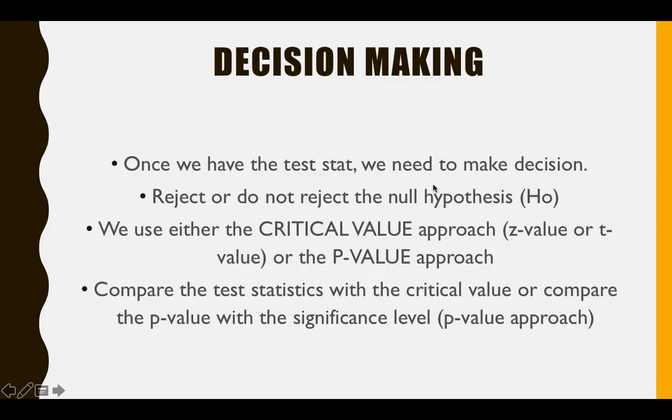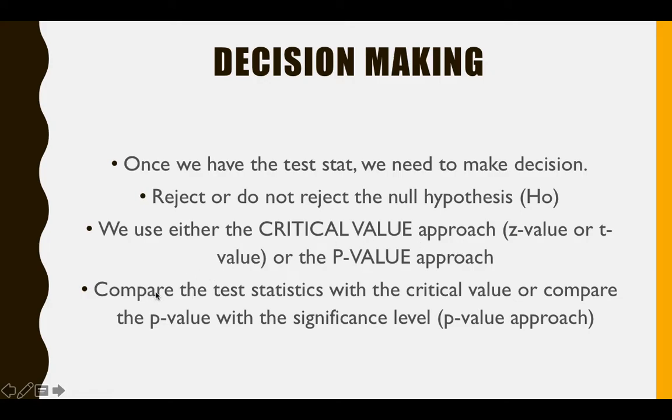In order to know this, you should use either the critical value approach, which uses the Z value or the T value, or the p-value approach. So there are two approaches to know whether you should reject the H0 or not.